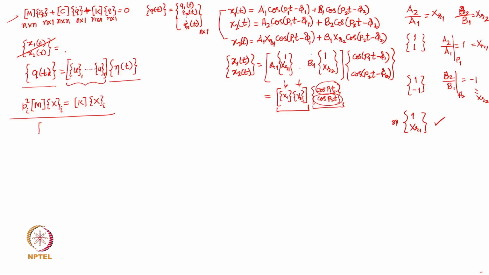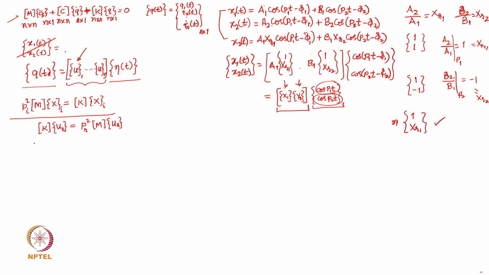So, I will rewrite this as k times u, since we have been using u as these modal vectors, with a subscript r to represent the rth mode shape, equal to the rth natural frequency squared, pr squared, times m into ur. This is the same equation I have written in a slightly different form.